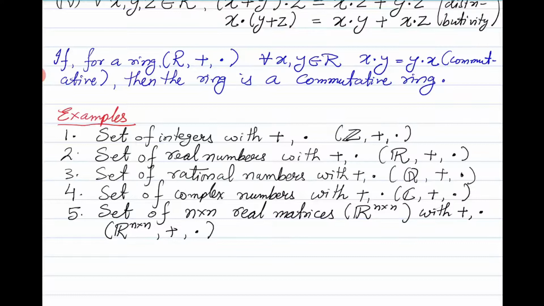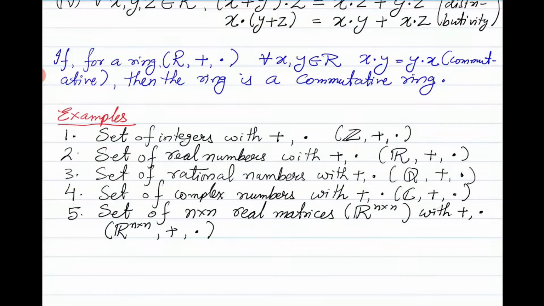Is this a ring? This is definitely an abelian group under the plus operation. Associativity holds for matrix multiplication. Even the distributivity holds from both sides. Is there a unique identity element with respect to the multiplication operation? The answer is yes. It's the n cross n identity matrix. So this also is a ring.